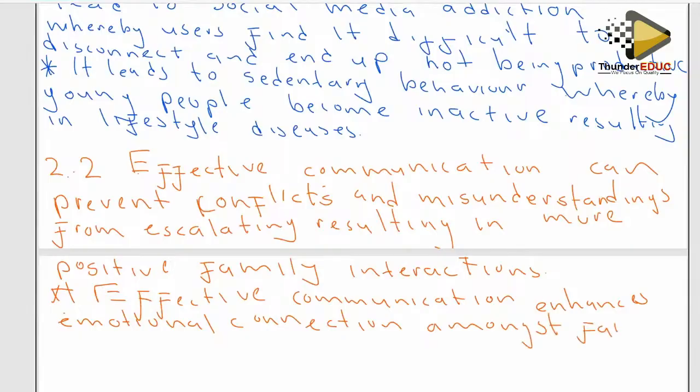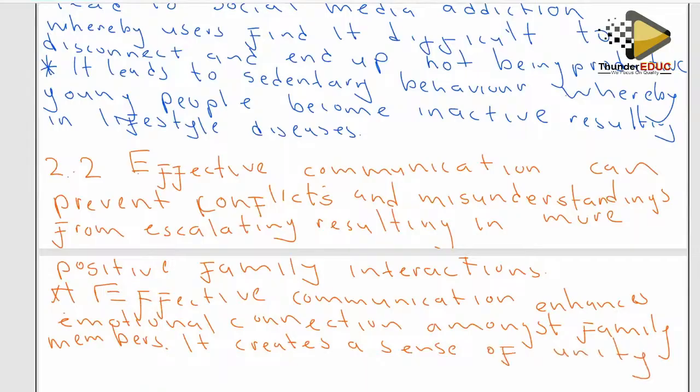It enhances emotional communication amongst family members. It creates a sense of unity amongst family members.